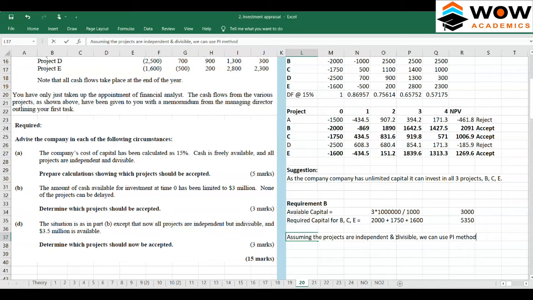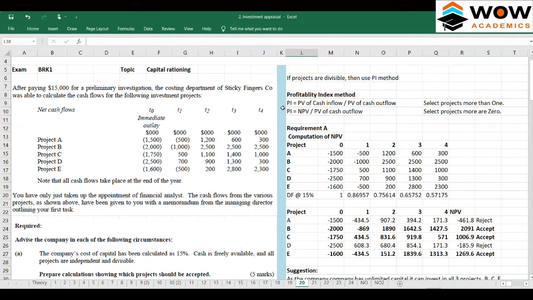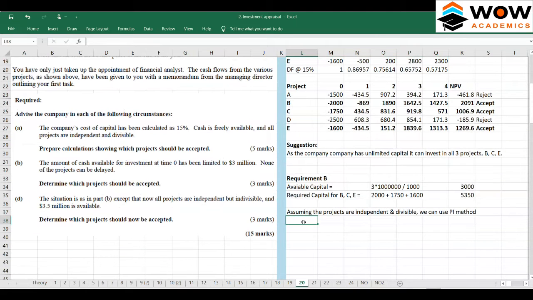We can use that method. So we shall start with the PI method. Any of the formulas we could use, we'll use this formula. It's quite easier also.